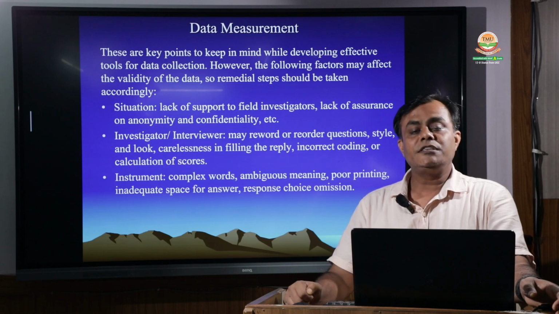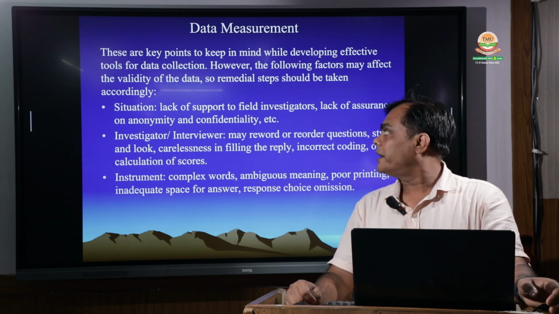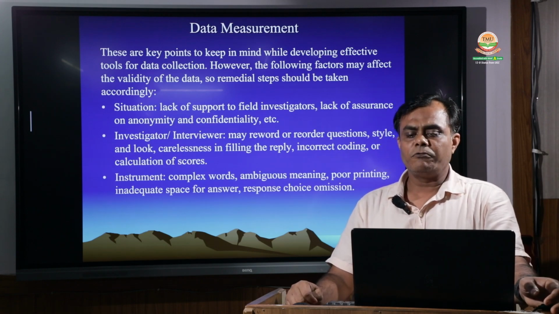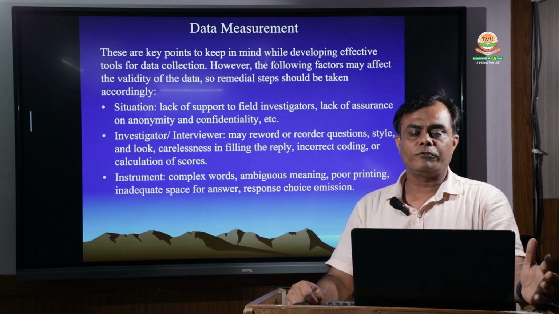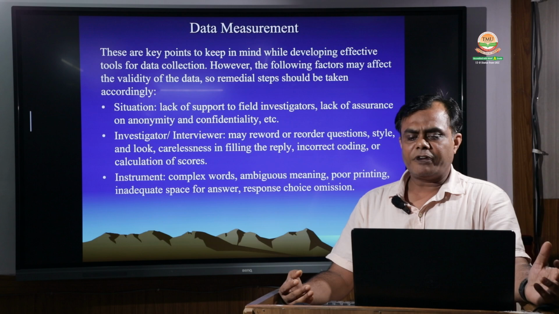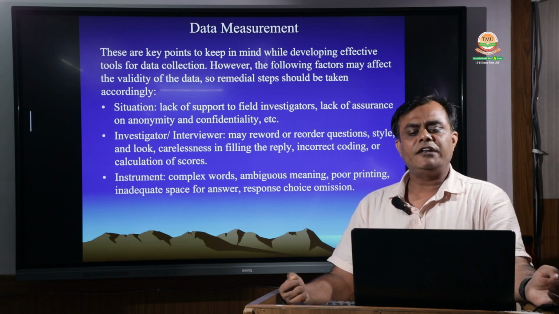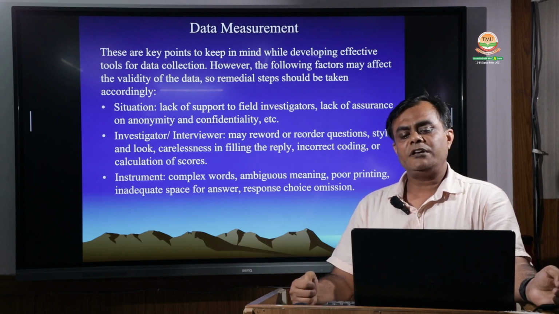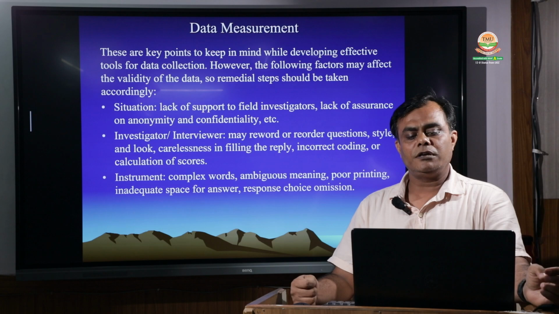Next, there are key points to keep in mind while developing the effective tool for data collection. However, the following factors may affect the validity of data, so remedial steps should be taken accordingly.